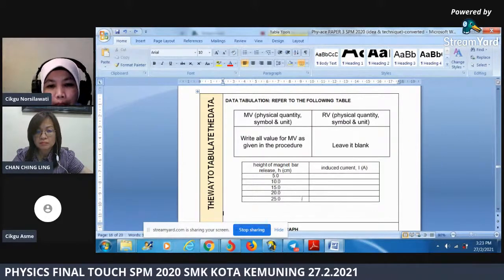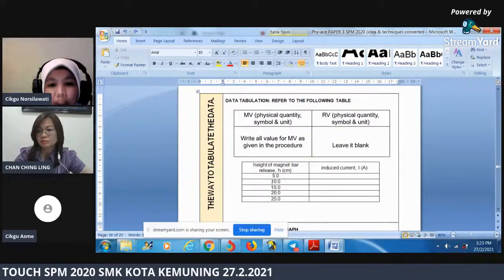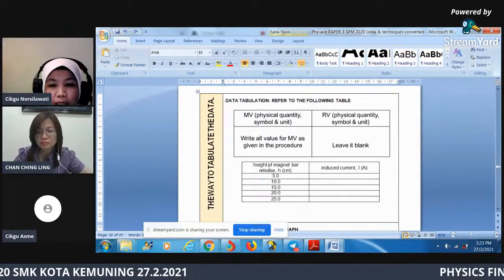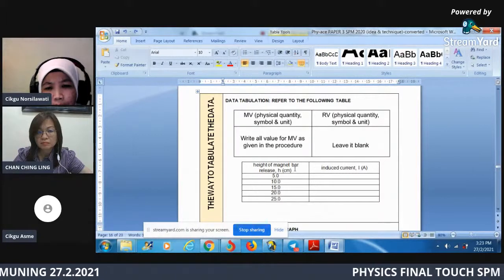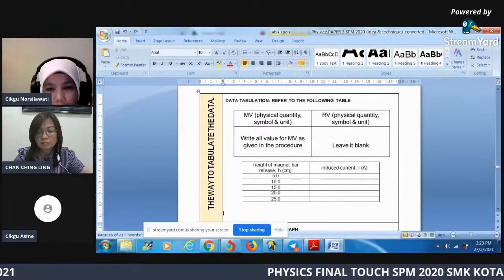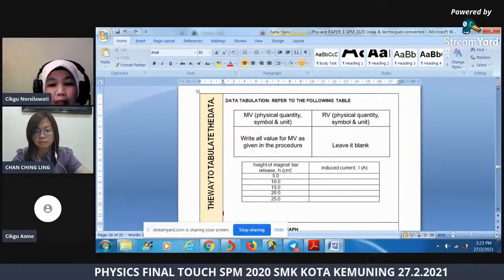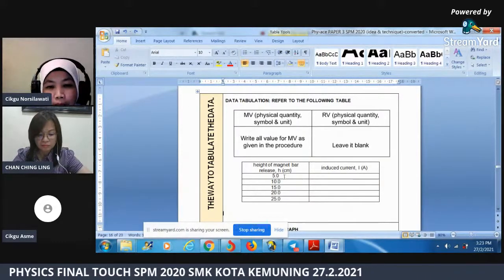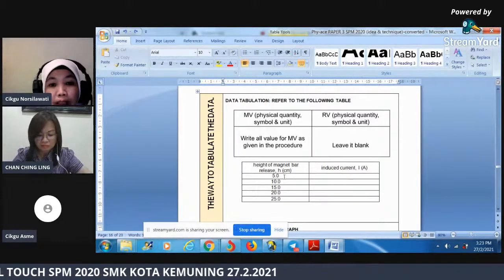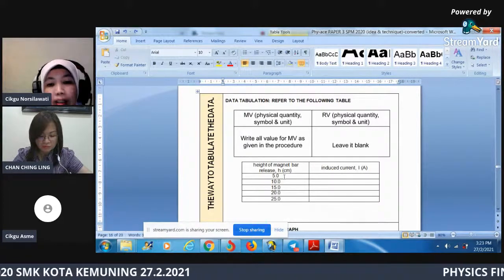Okay, peringatan penting, sila buat jadual yang betul. Okay, jangan you just write down the physical quantity, the symbol, the unit and then you just write down the values and then you leave it there. Tak boleh ya. Sebab saya tak pasti nanti mungkin dia punya marking scheme akan jadi lain. Dia akan kata this is not table.